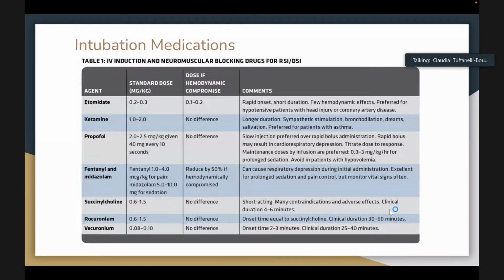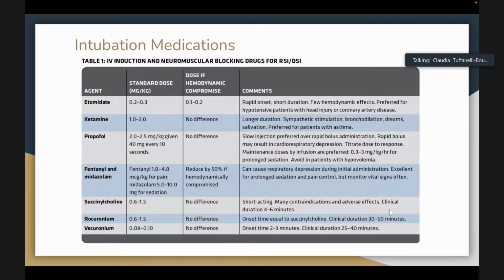If patients are well sedated and paralyzed, then all the studies show that they're going to have a higher first pass success of actual intubation, like getting the tube in. If the patient's not well sedated or they're not paralyzed, then sometimes the vocal cords are still moving, they're still fighting you, and they can bite down, which makes the procedure of the intubation much more difficult.